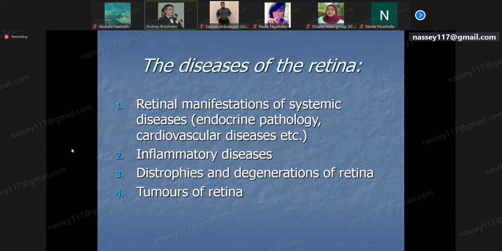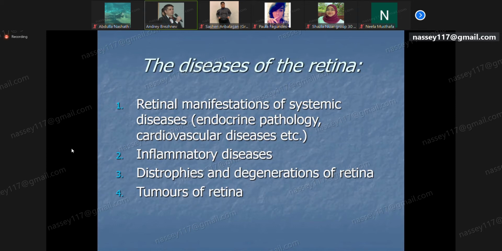For example, bacterial inflammation, viral inflammation, autoimmune inflammation, allergic inflammation, several types of specific etiological organisms like Treponema pallidum or tuberculosis, and so on.